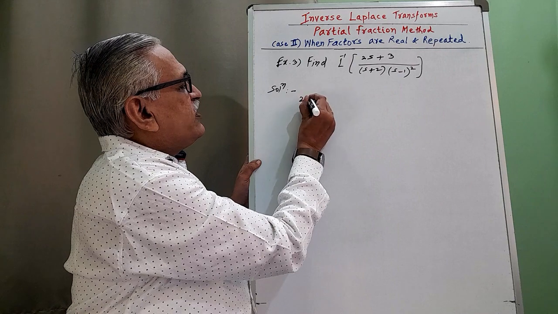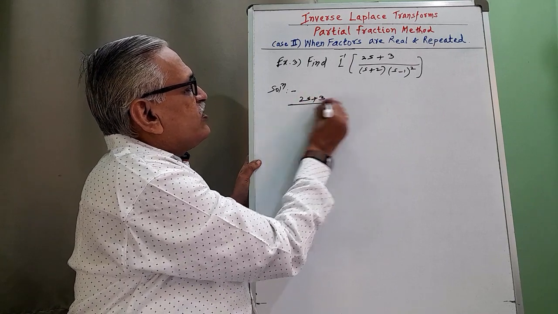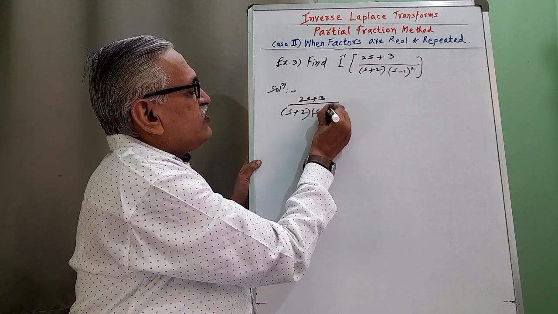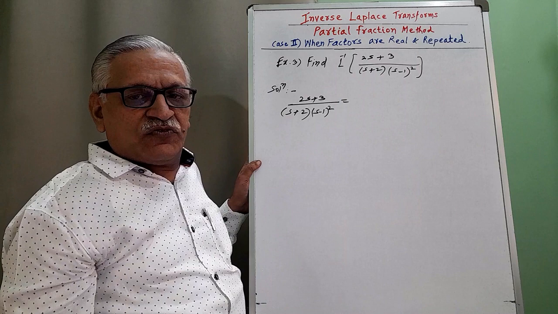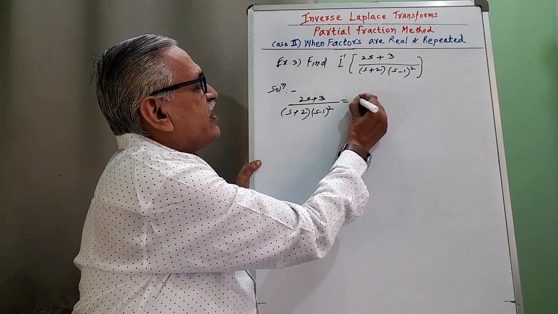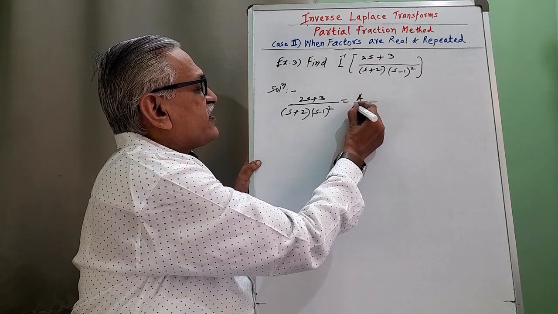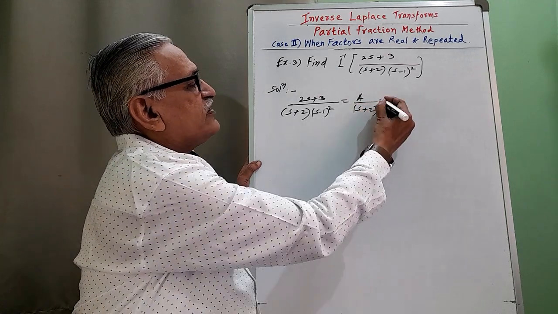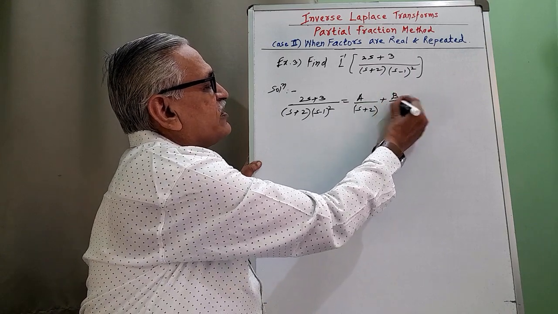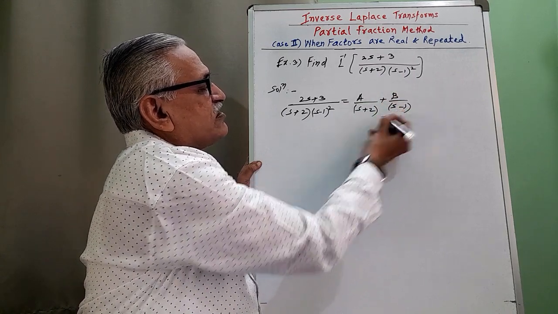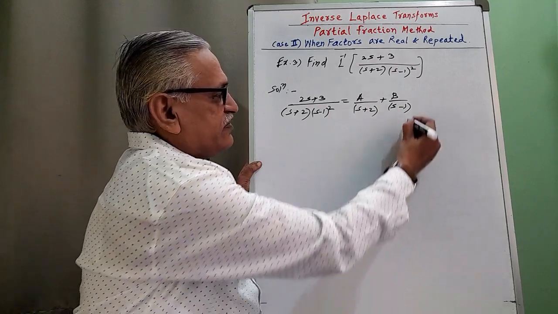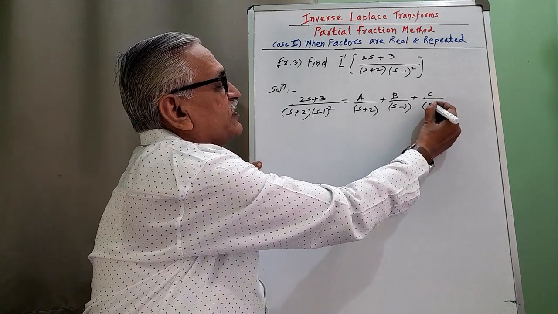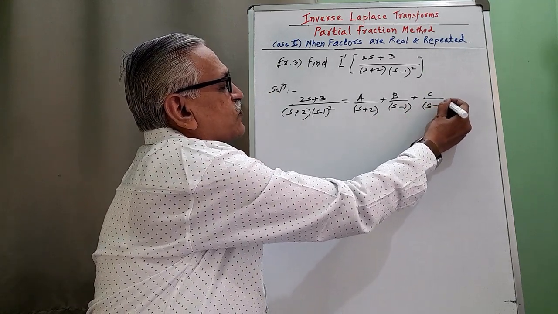Therefore 2s plus 3 whole divided by s plus 2 into s minus 1 whole square is equal to a upon s plus 2, first factor, as it is a distinct factor, and for this repeated factor, next one is b upon that factor s minus 1, and as it is repeated once again, therefore c divided by, we have to increase power by 1, therefore we get s minus 1 whole square.